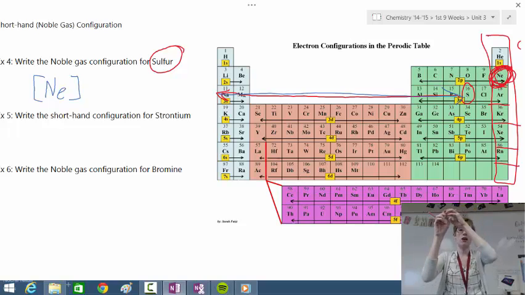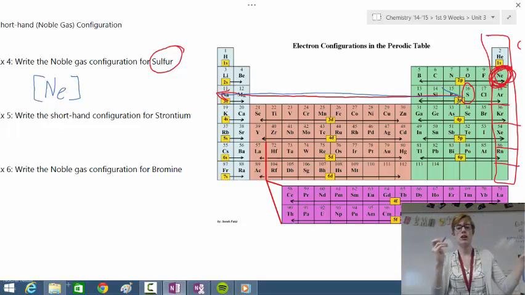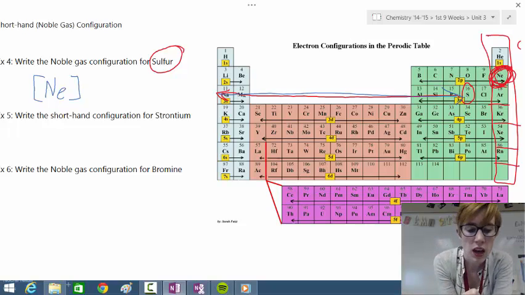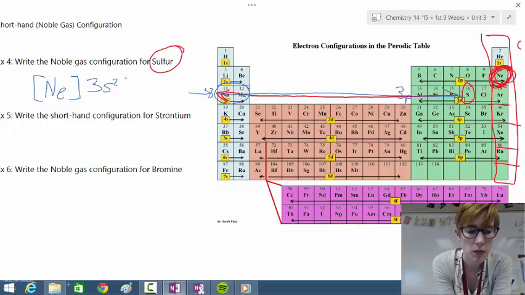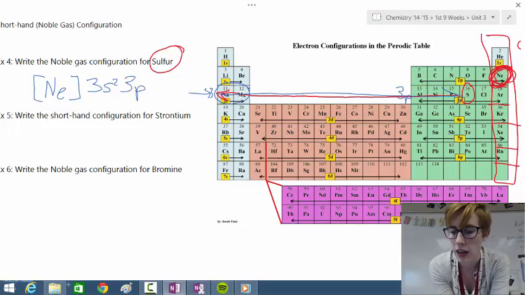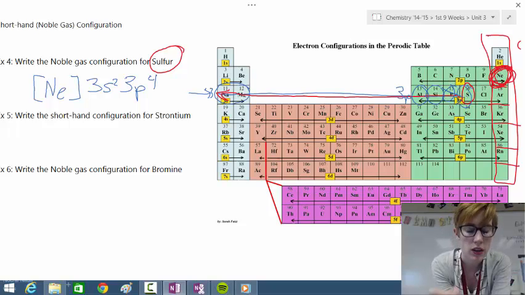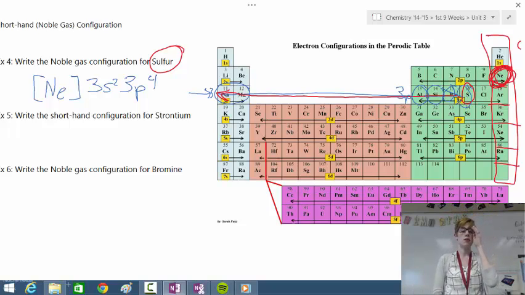So just from the saving-the-game point until sulfur. So I'm starting here, this is at energy level 3, so it's 3, and then this is the S block, so 3S2, because it's filled all of the S, and then this is the 3Ps, okay, so I'm at 3P, and I do 1, 2, 3, 4, I'm at 3P4. So that is how you do shorthand.